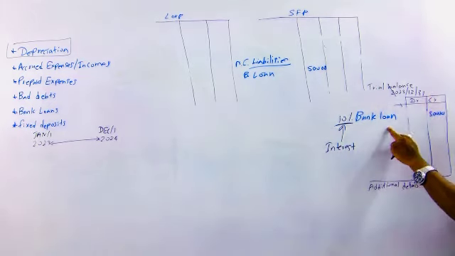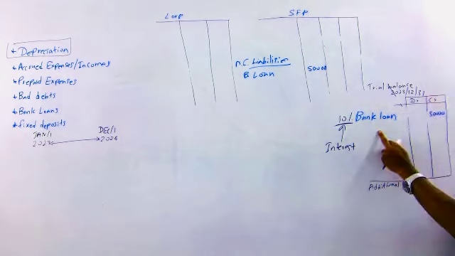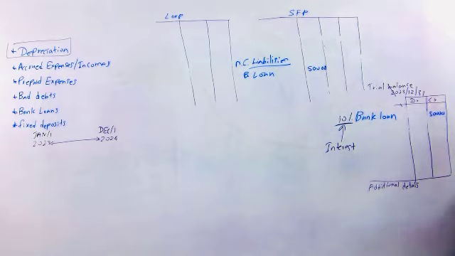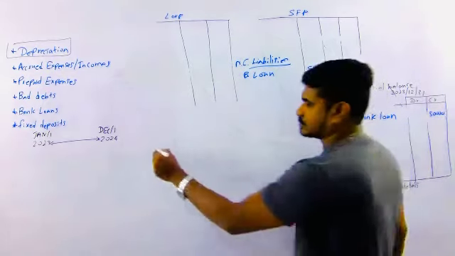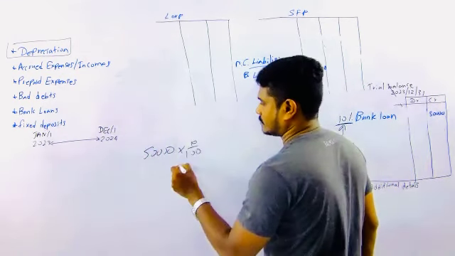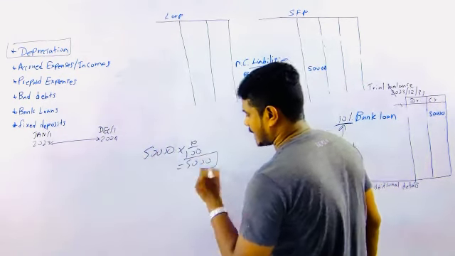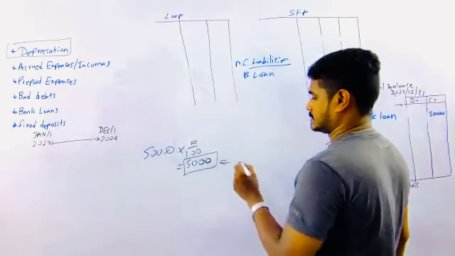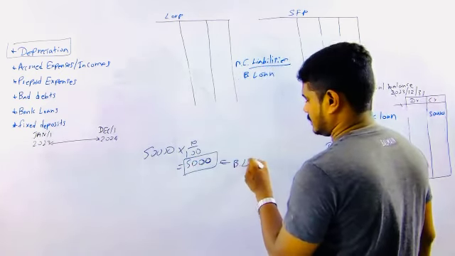So a 10% bank loan means we have to pay 10% of this amount annually as bank loan interest. So 10% of 50,000 means 5,000 we have to pay as bank loan interest. So it is an expense.